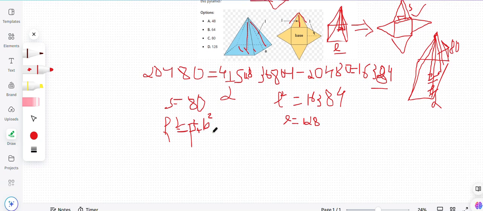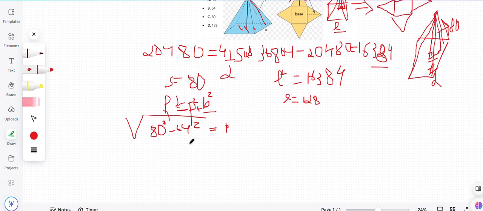I hope there is no problem until now. We already have the hypotenuse equal to 80, so directly 80 squared. We know the value of the base, which is half of 128, which equals 64, minus 64 squared, taking the whole root, equals p in this case.